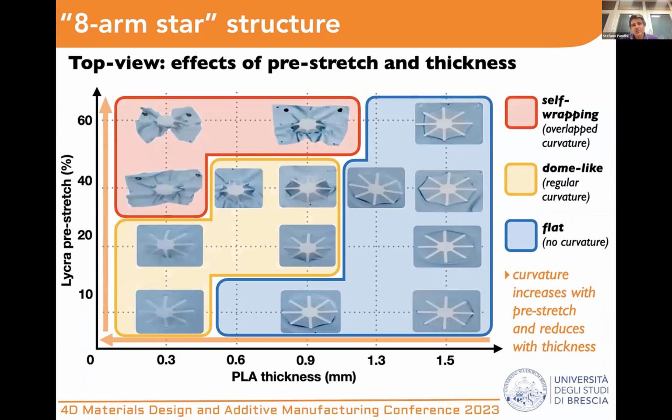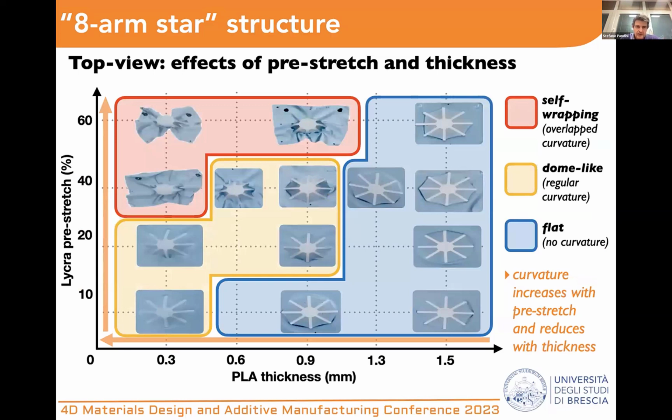And we speak about the dome-like shape, but actually by changing the parameters, it is possible to obtain various types of figures. And of course, as expected, larger curvatures are obtained for lower thickness and larger pre-stretch.